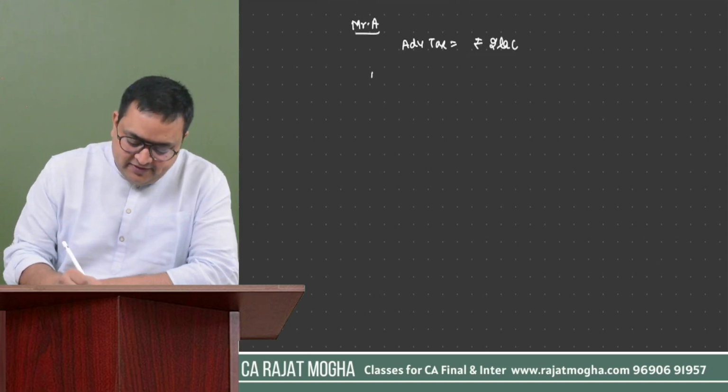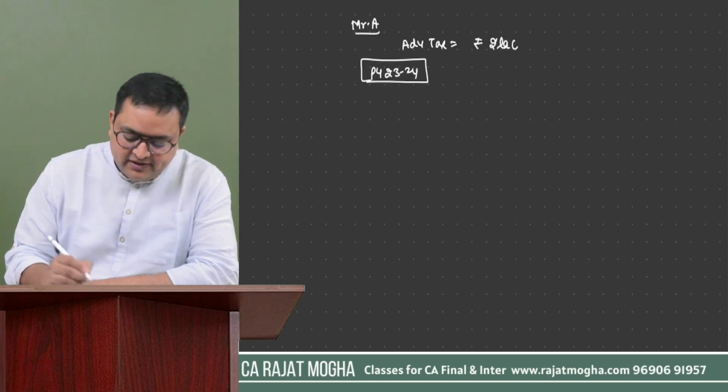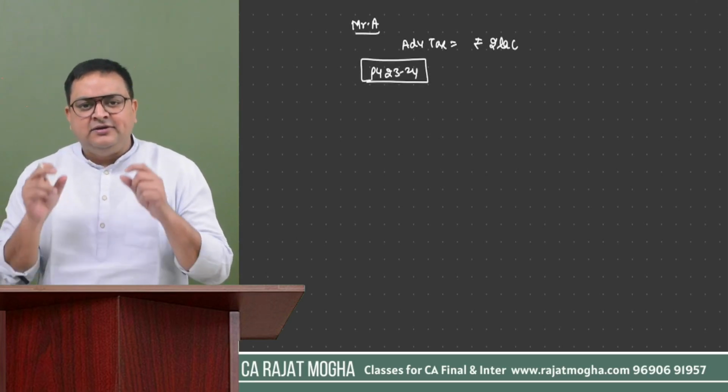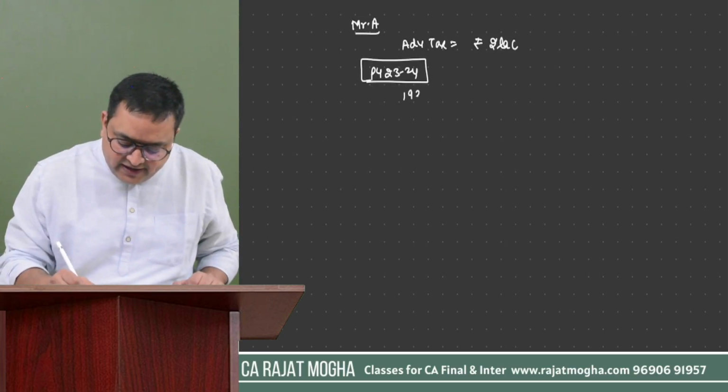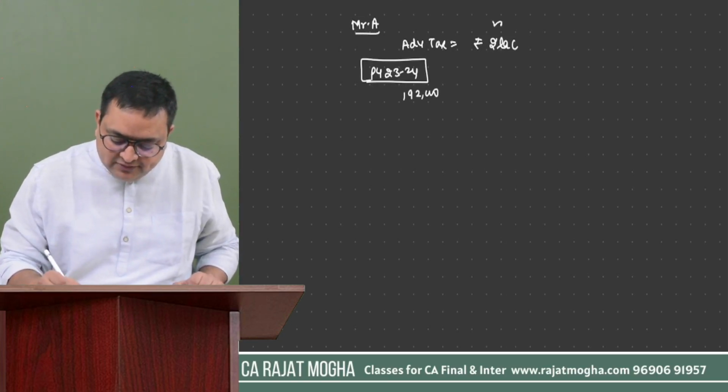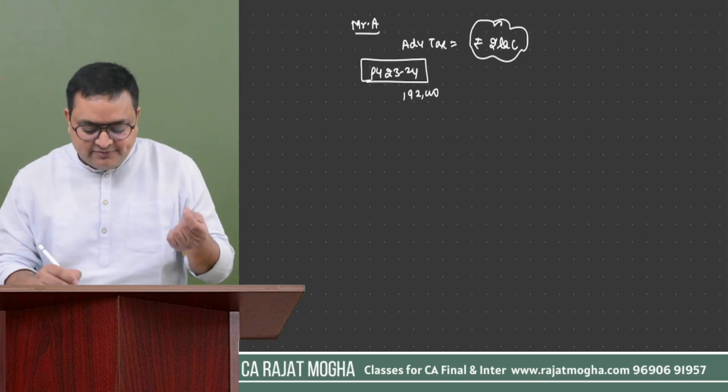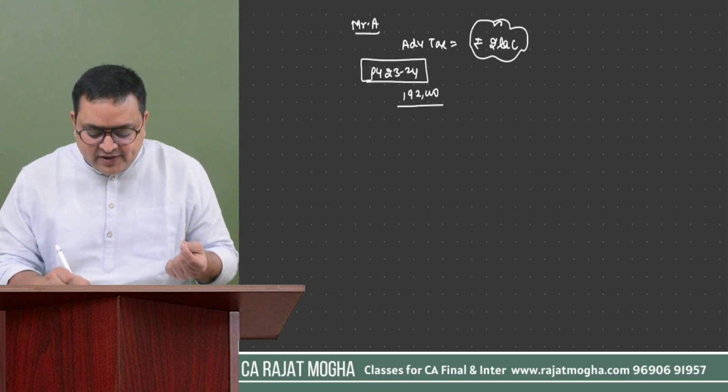And during this previous year, our previous year is 23-24, let's say this person has deposited a short amount. How much has he deposited? Let's say he has deposited 1,92,000 rupees.